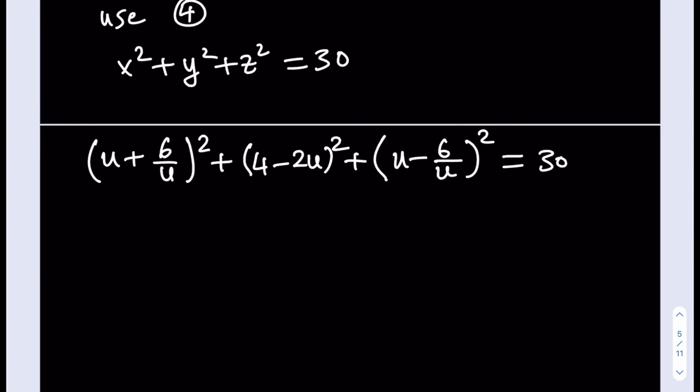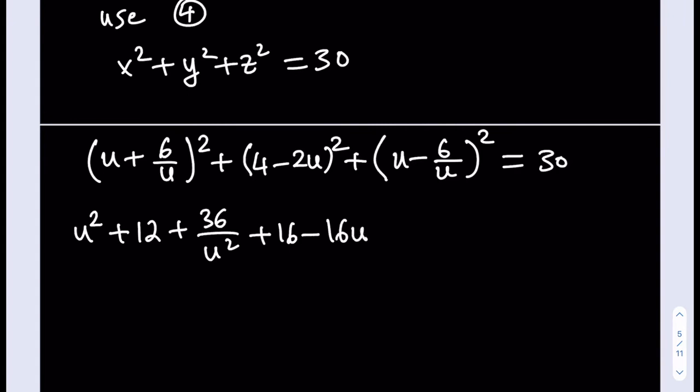Okay, let's see. This is going to be u squared plus 12 because u is going to cancel out, plus 36 over u squared, plus 16 minus 16u plus 4u squared, plus u squared minus 12. Again, u cancels out, plus 36 over u squared, and all of that is equal to 30.